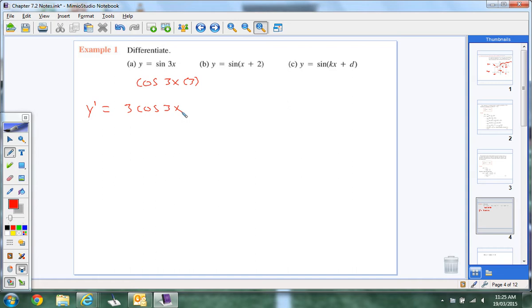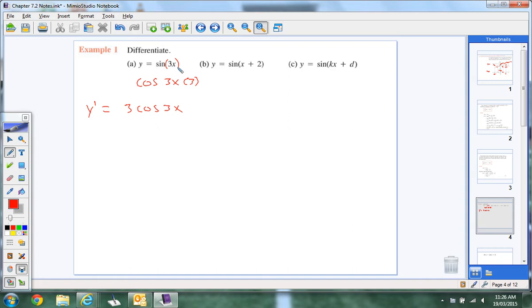Because we have to do chain rule, I'm taking the derivative of the outside, which is cosine 3x, and the derivative of the inside, which is 3. I look at it like this, and that makes me see something inside, like how x plus 2 has parentheses this time.